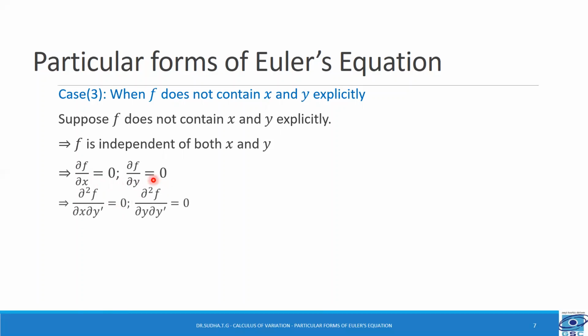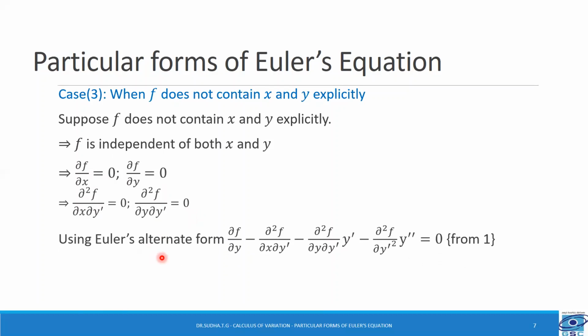So when the first order partial derivatives become 0, the second order partial derivatives, that is ∂²f/∂x∂y dash is equal to 0, ∂²f/∂y∂y dash is equal to 0. Now let us consider the first alternate form, ∂f/∂y minus ∂²f/∂x∂y dash minus ∂²f/∂y∂y dash into y dash minus ∂²f/∂y dash square into y double dash equal to 0.